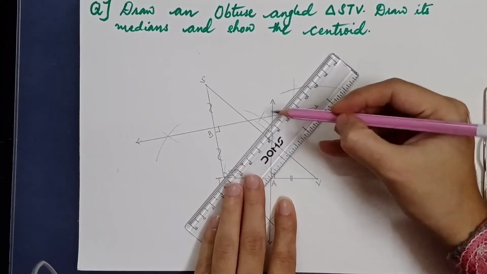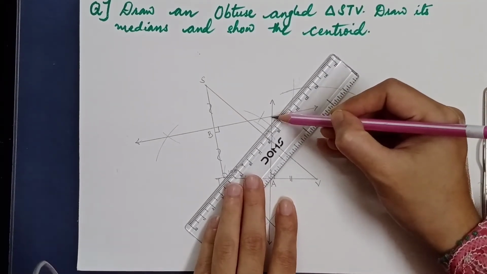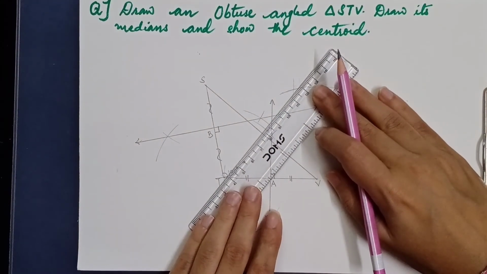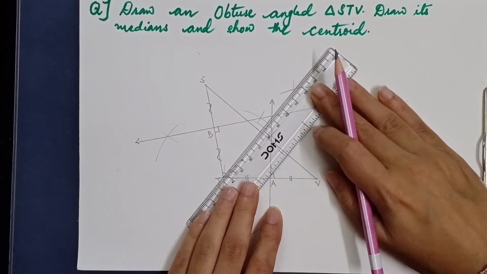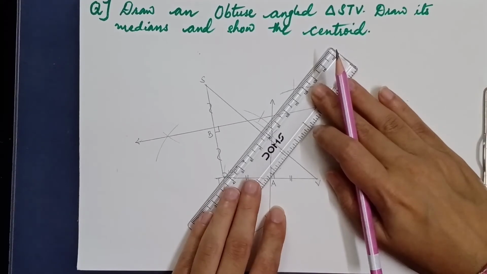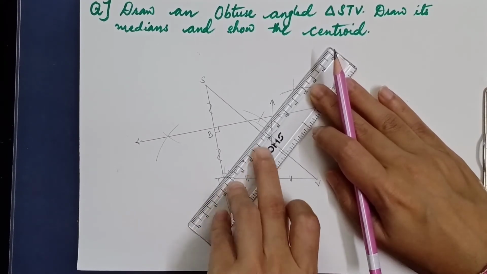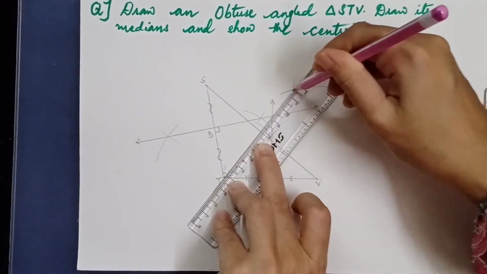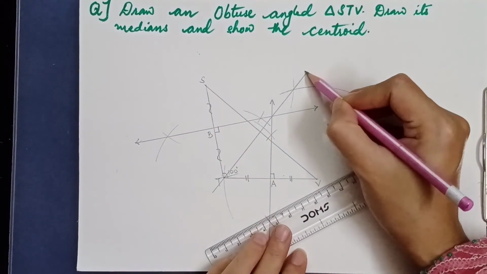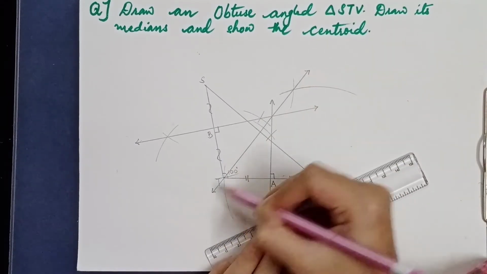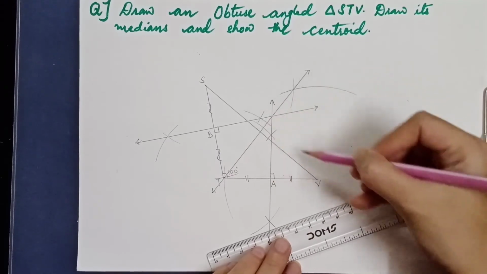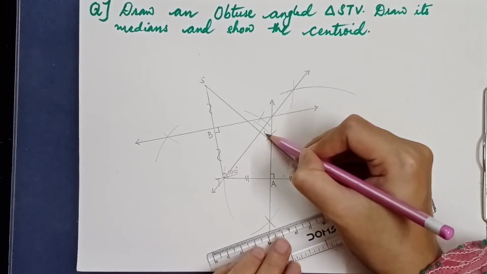This line should coincide with these two perpendicular bisectors. Yes, it's exactly passing through these bisectors. Let us name this particular point on the side SV as C.